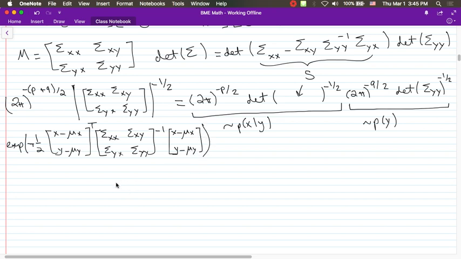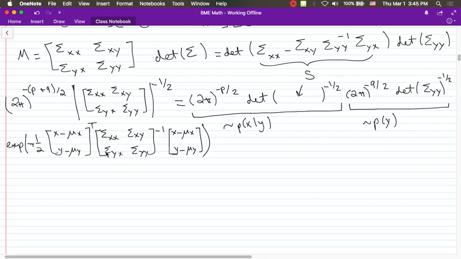Right, so that's what's remaining in my joint probability distribution. So this is the thing that I have to factor. How am I going to get something that just has sigma y out of here?